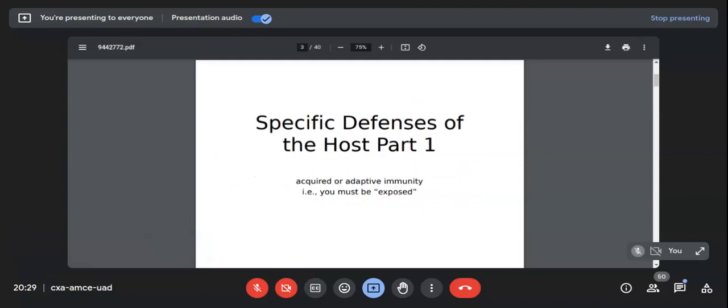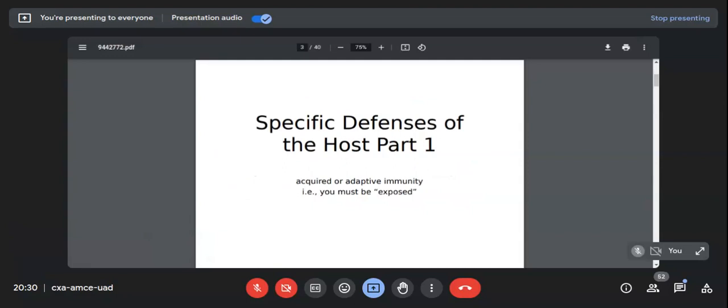Okay, so we'll start first of all by understanding what adaptive immunity is. You can call it acquired immunity, or you can also call it specific immunity. Those are three names that you would see in questions, and you'll be required to understand that they are about adaptive immunity.